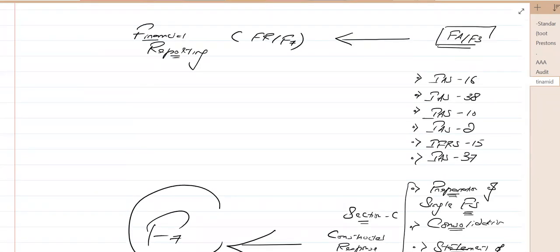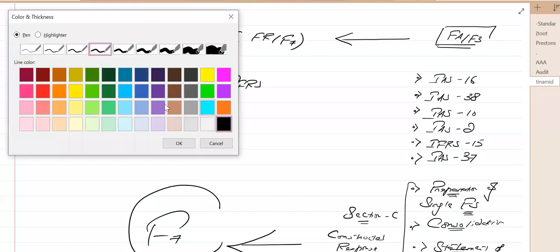So now if I write the standards, both IAS and IFRS in the F7, let's make a list of it.